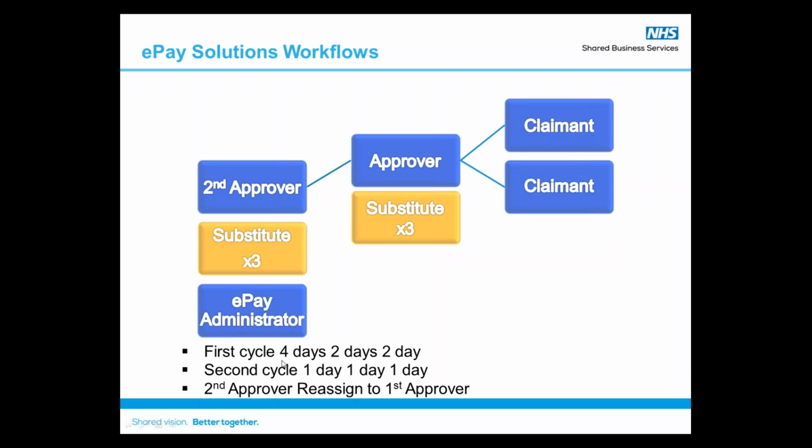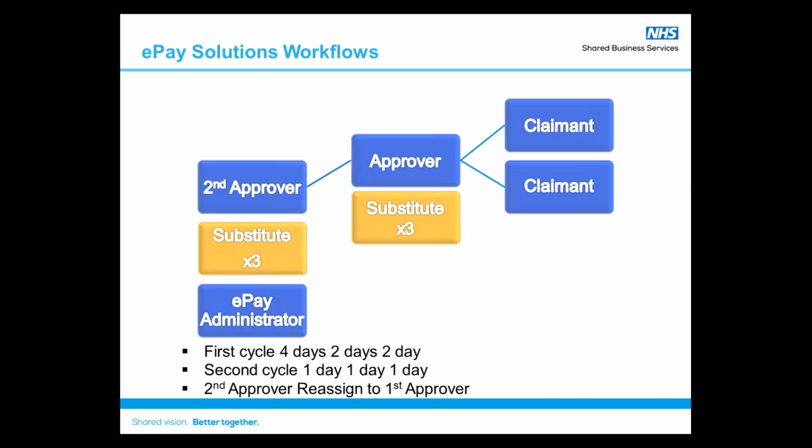So 4 working days after the claim's been submitted, if it still isn't approved, then this approver will get a reminder email, and then if they don't approve it for another 2 working days, so that's 6 in total, at that point it will escalate away from them up to their approver, so it's moving up a level, and we've called that person the second approver here.